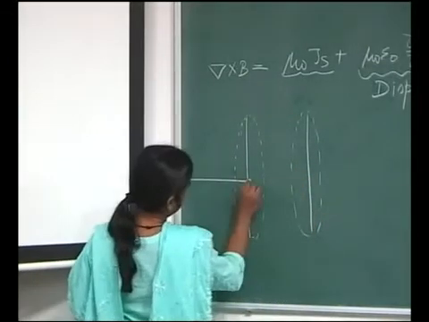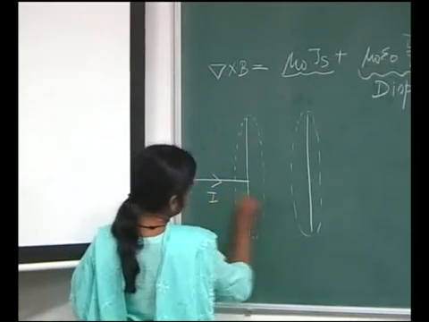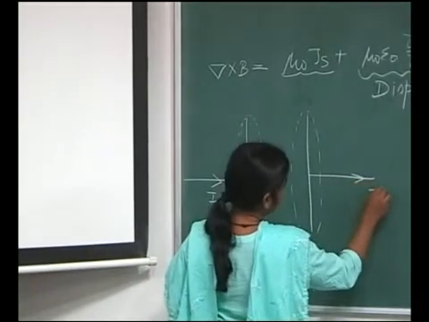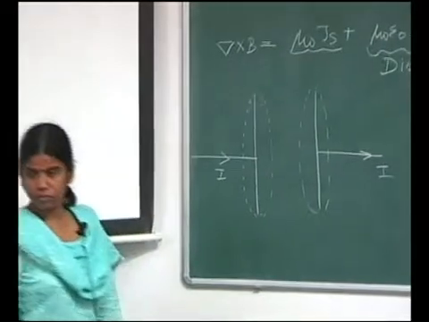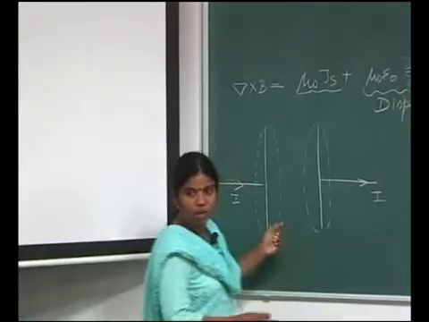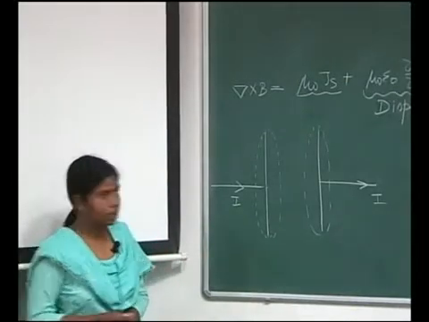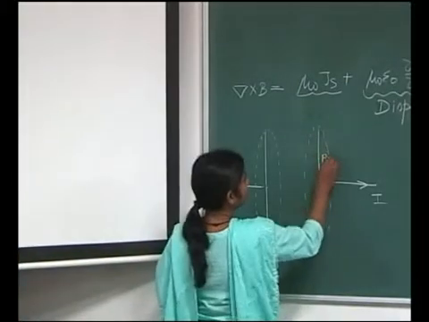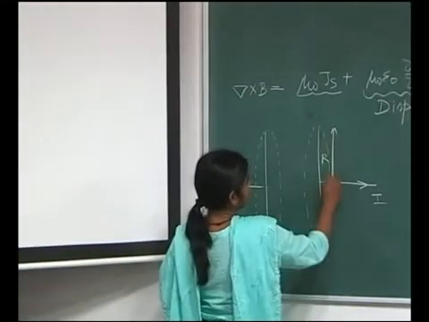I have current I going in and I coming out, and I say that the radius of this plate is capital R.